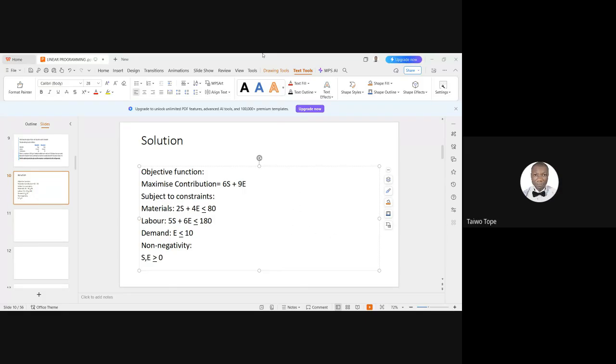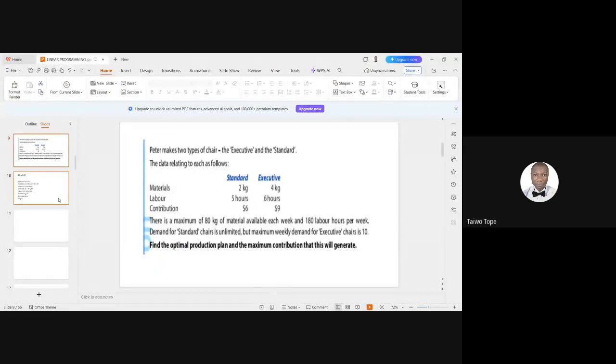So when you express this as non-negativity, the question is saying what? Let me go back to the question. It says find the optimal production plan and the maximum contribution that these will generate.